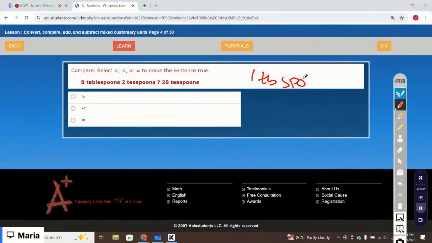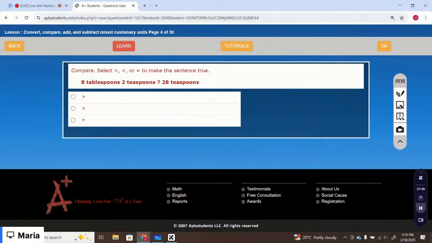So 8 tablespoons, just convert them into teaspoons. 8 times 3 is 24. You already have 2 teaspoons here. 24 plus 2 makes 26 teaspoons. You have to compare it with 28 teaspoons. So which is the correct option? 26 is less than 28. The correct option is less than. Option number 2 is the correct option.